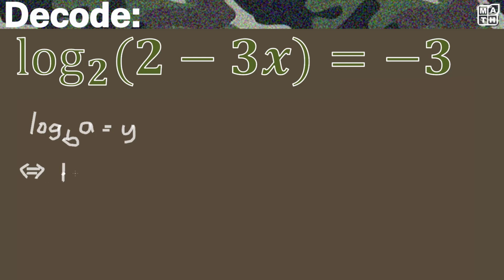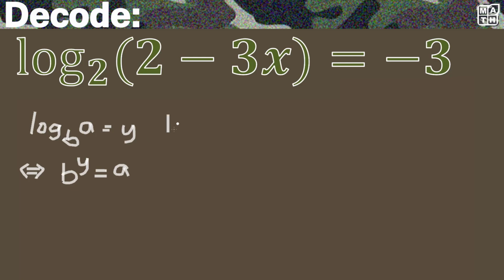Use the base b, y would be your exponent, and this is equal to a. This is the transformation from a logarithmic equation to exponential equation. And we're going to do this so that we could apply the necessary processes, which will involve possibly a linear equation later on in solving for the variable x.